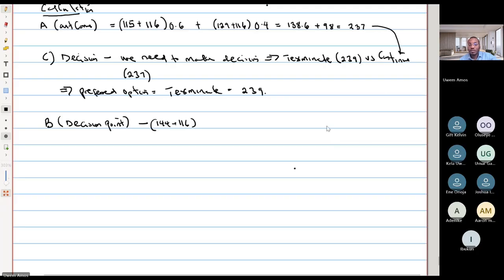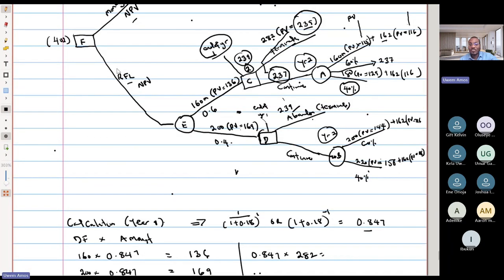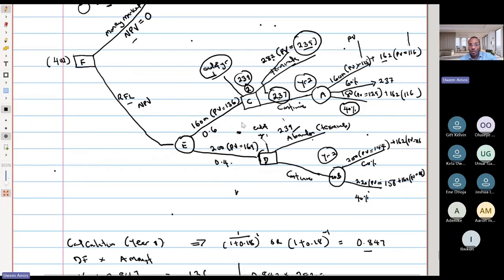Okay, sir. So you could see that C was a decision point, so we had to decide between the two lines. Let me go back to it quickly. C is a decision point, so we have to make a decision between all of the lines. Do we terminate? Do we continue? If there was a third one, we would have to decide between them.